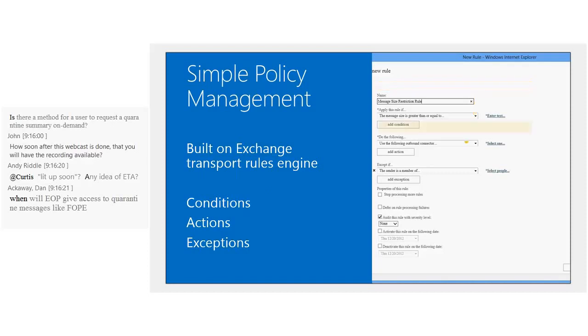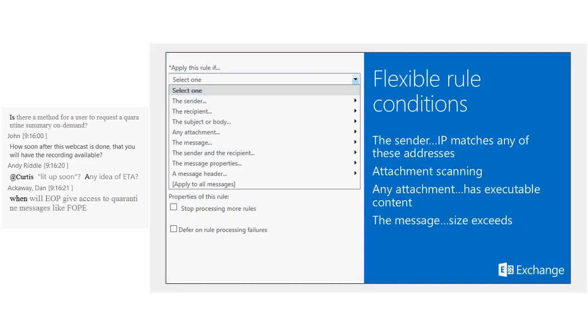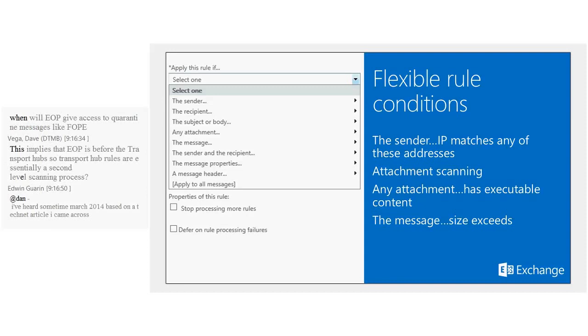A couple of things here around the actions and exceptions that I talked about. There are a variety of actions and rules that are possible. The conditions you're looking at are just a gist of what you see when you're trying to create a new rule. You can see that conditions vary across different areas. It could be based on the sender, the recipient, the message property in general, or the attachment in the message.